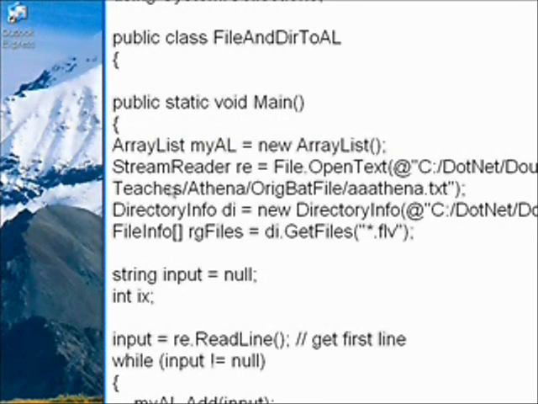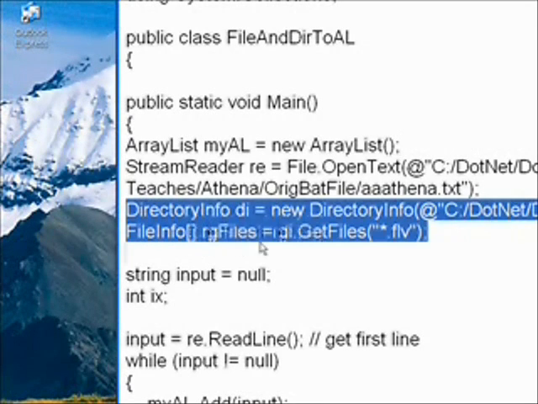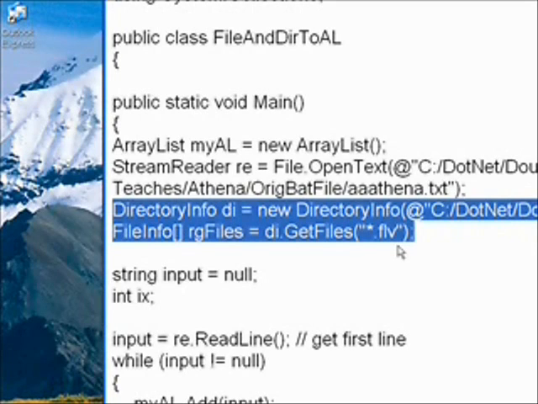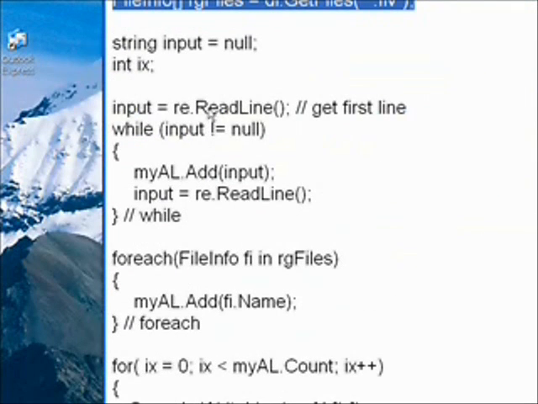And first we have a loop that's identical to the loops we've already looked at that reads in the lines from the file of the history file using our stream reader object. And then we have the same loop that we had previously that reads in the file names, but now this loop follows the first loop.